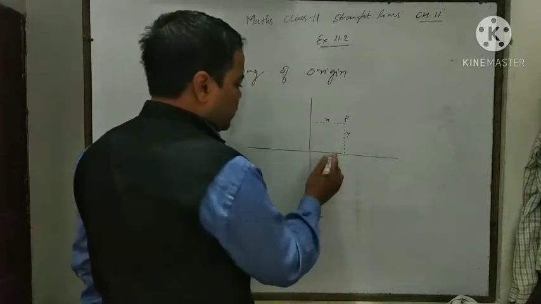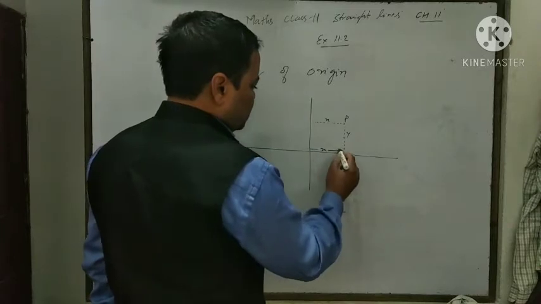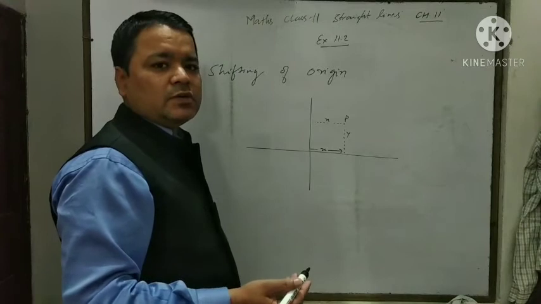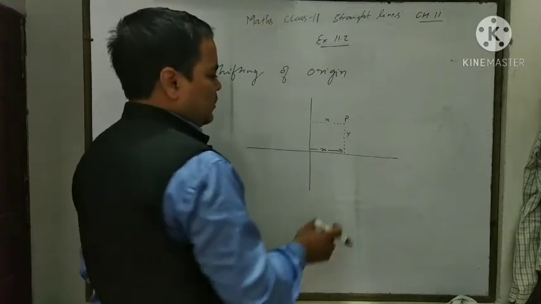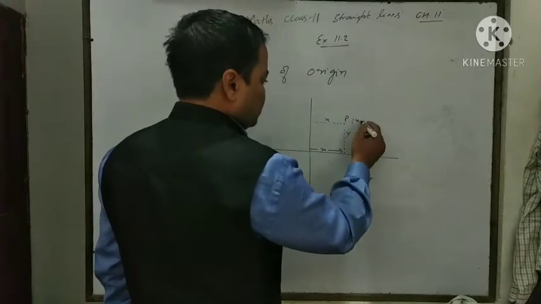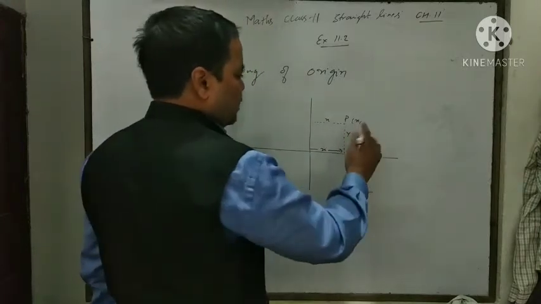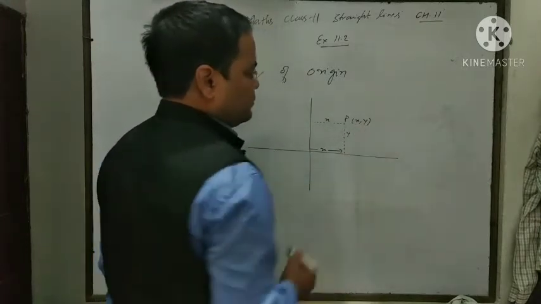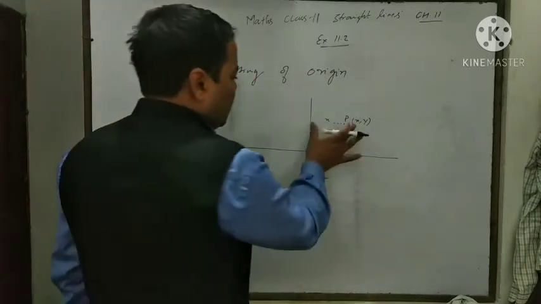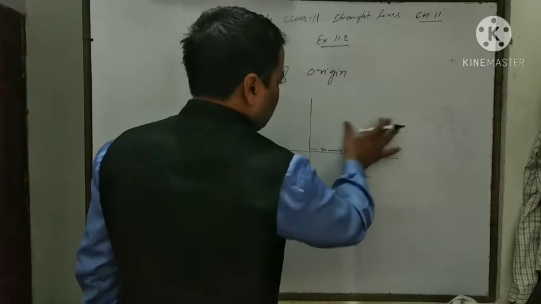then this distance is also x. First we write the x coordinate, which is also known as abscissa, then its y coordinate, y. Simply we write like that. In another way, how do we write the coordinate of any point?